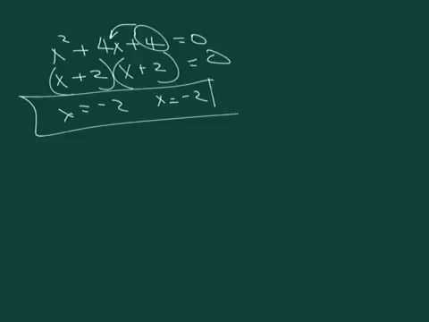Well, one of the things that you're going to discover in math, if you haven't already, is life is not always perfect. And there will be some problems that you get that you cannot solve that way. So, for example, x squared minus 4x plus 3 equals 0.